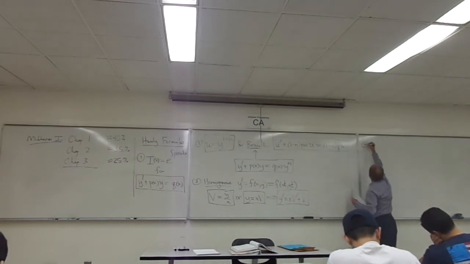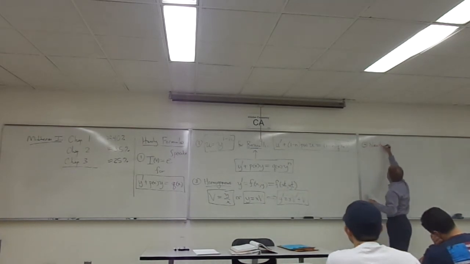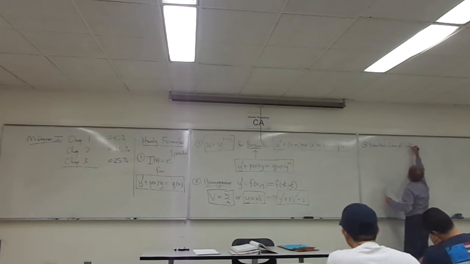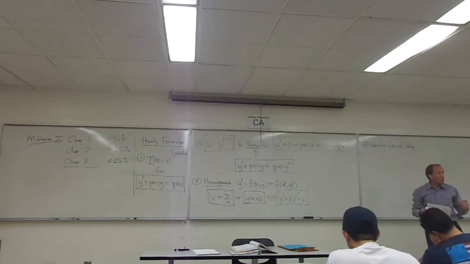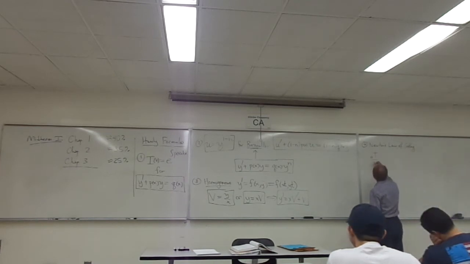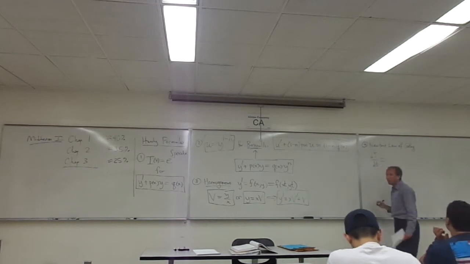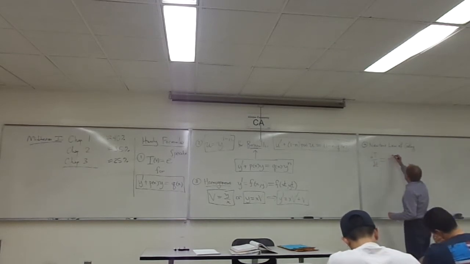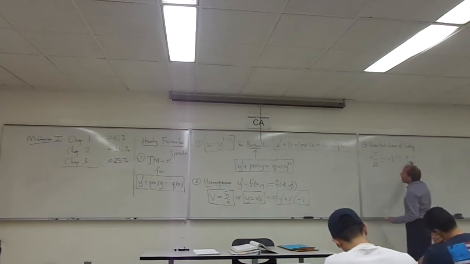I have Newton's law of cooling. Okay, so there's a differential equation for that. This has to do with the rate of change of the temperature as a function of time. And if you remember, it's negatively proportional to the temperature difference between the object and the medium.